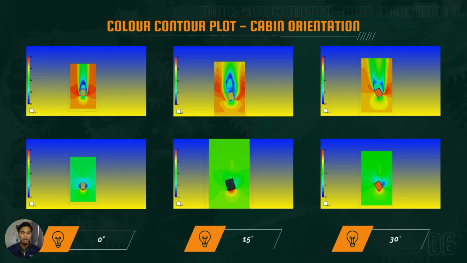Then we will look into the color contour plot for the second factor, which is the cabin orientation. As before, the top is the maximum velocity and below is the maximum pressure. From the left, you can see this is the result of the 0 degree cabin orientation. In the middle, the 15 degree, and lastly, on the right, 30 degrees.